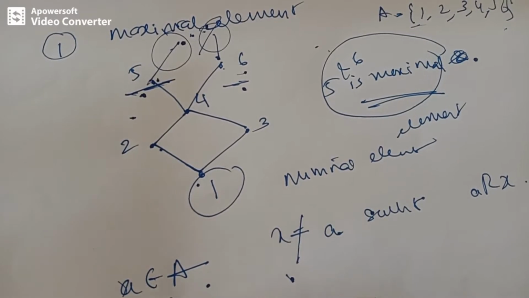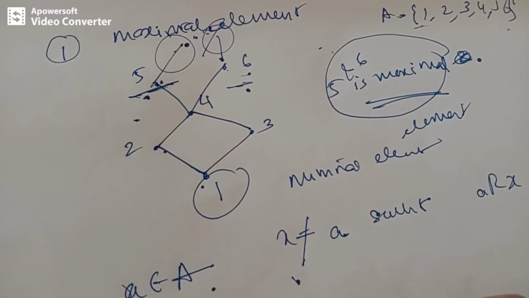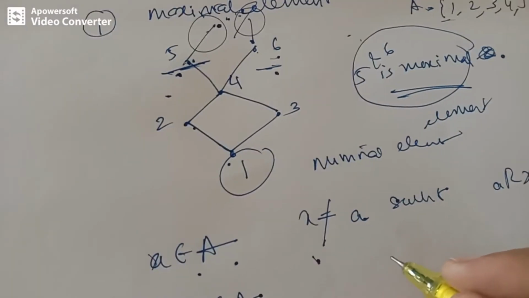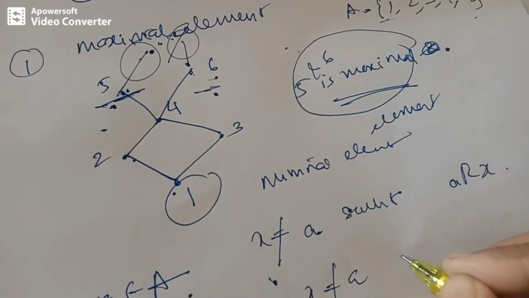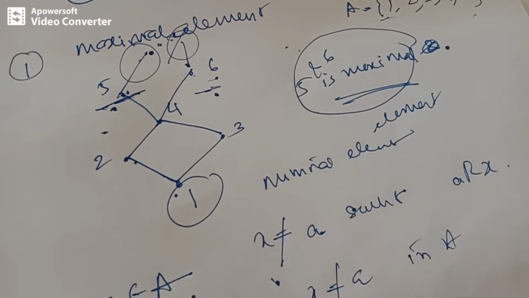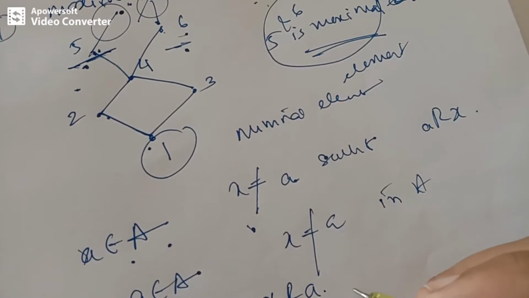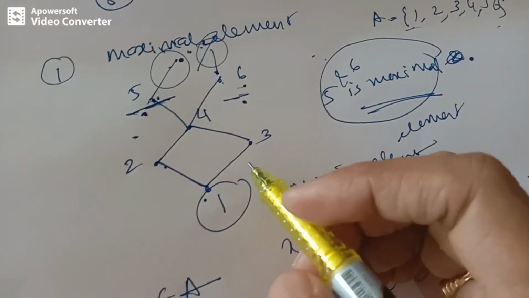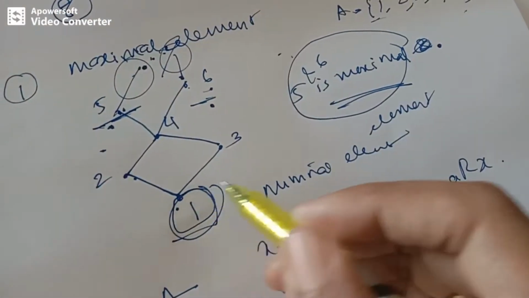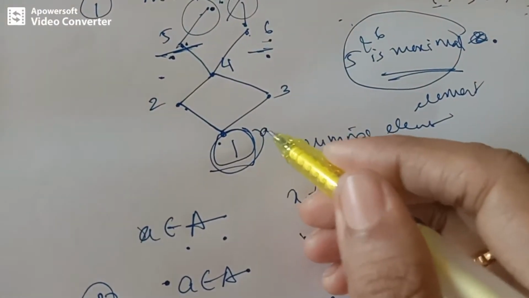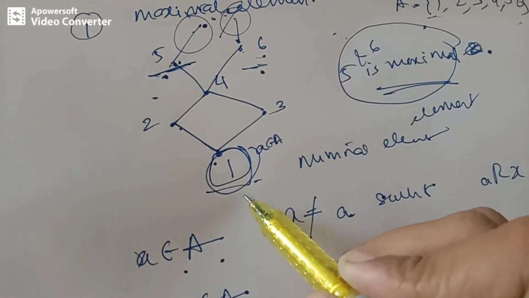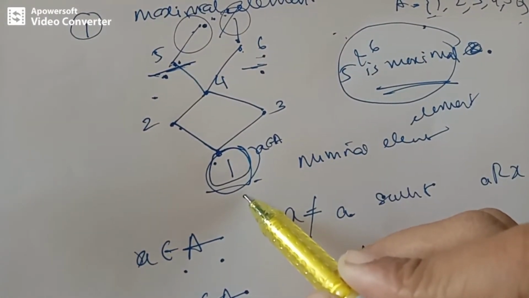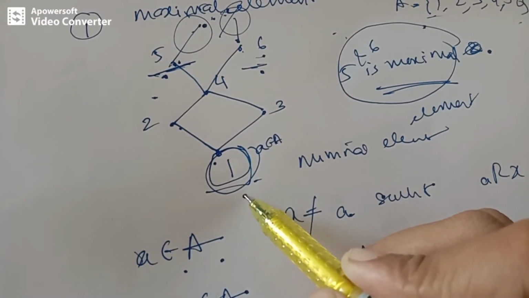Next, coming to the definition of a minimal element. An element a belonging to A is a minimal element if there exists no element x belonging to A, x not equal to a, such that x is related to a.